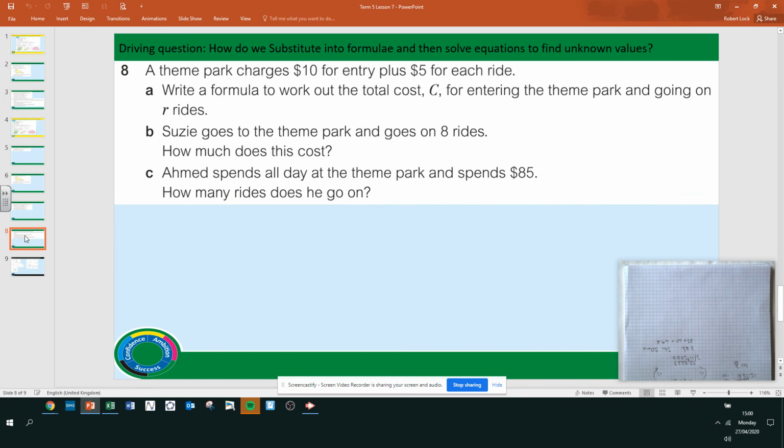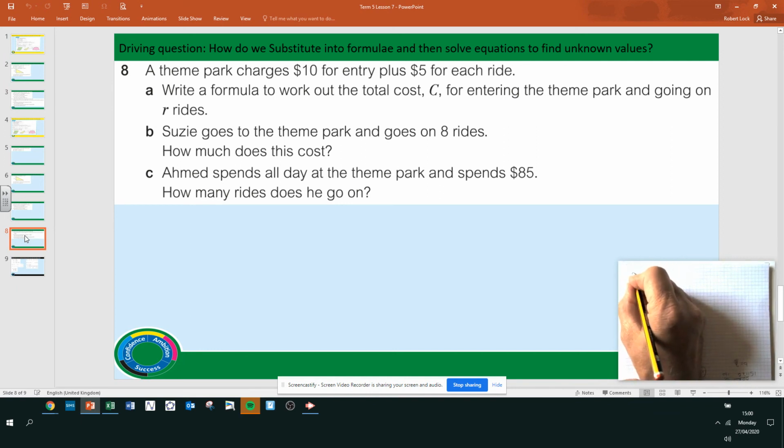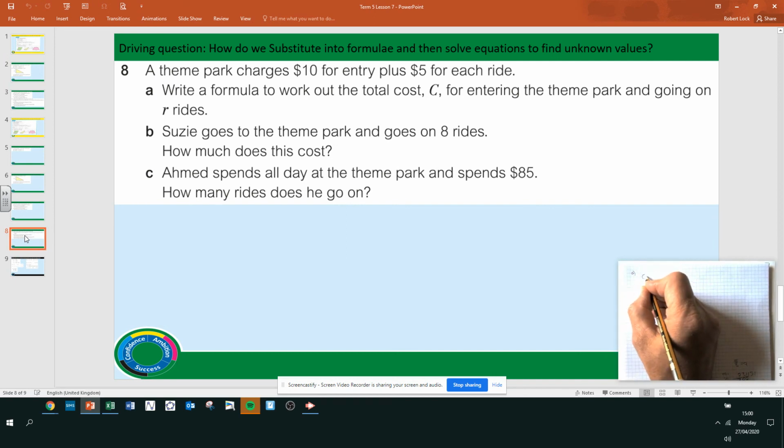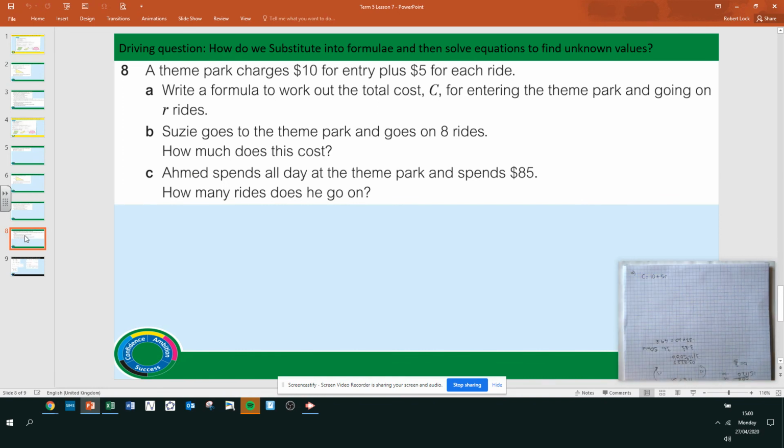How many rides did he go on? So, first of all, A. The theme park charges $10 entry plus $5 per ride. Write a formula. So cost C equals $10 entry plus $5 per ride, R.